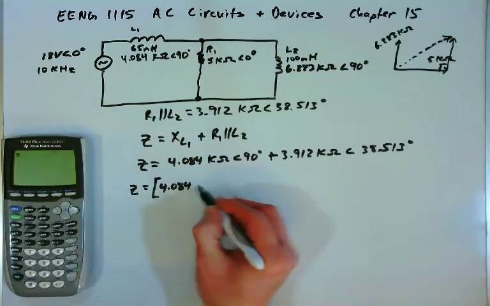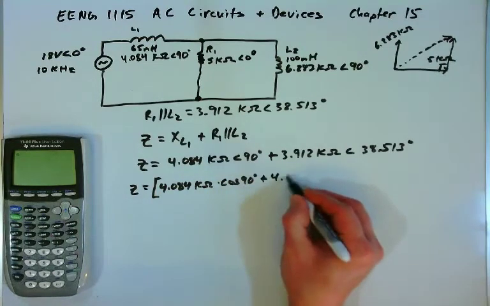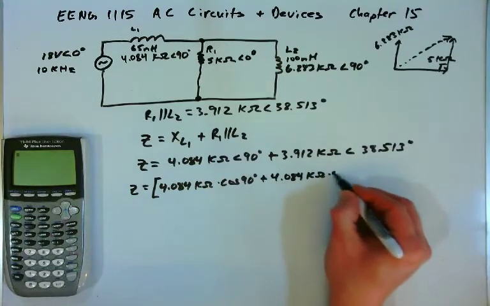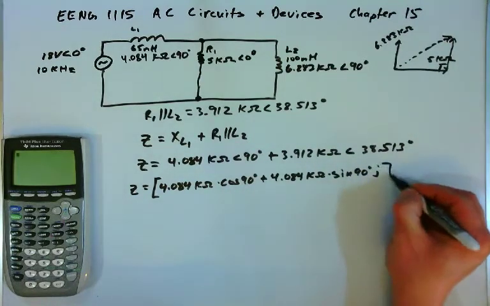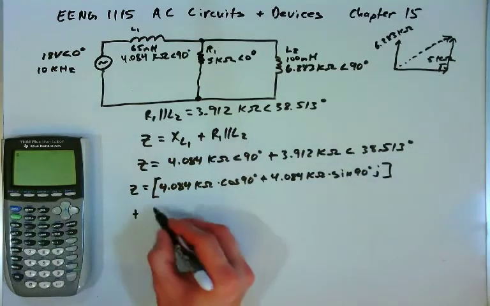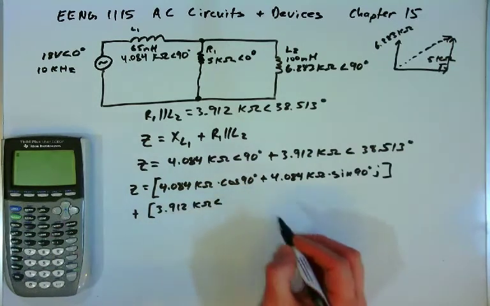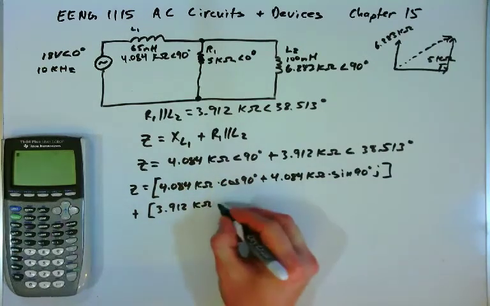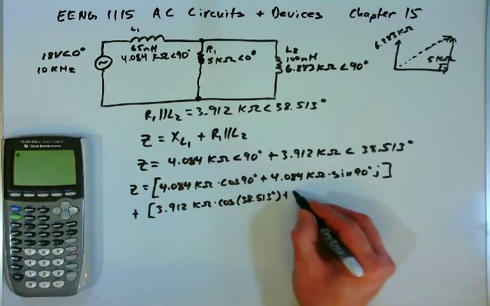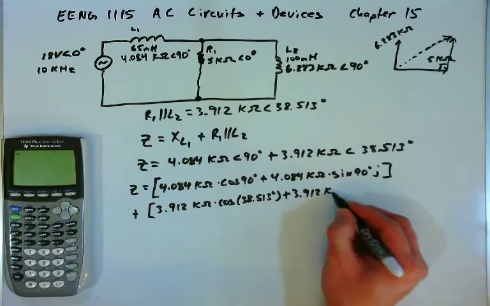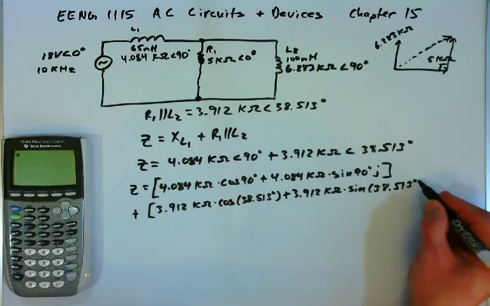So it would be the magnitude, 4.084 kilo ohms times the cosine of 90 degrees plus 4.084 kilo ohms times the sine of 90 degrees, and that gives us the y component, or the j component, and we'll be adding to this vector, and so the x component is 3.912 kilo ohms times the cosine of 38.513 degrees plus 3.912 kilo ohms times the sine of 38.513 degrees, j.